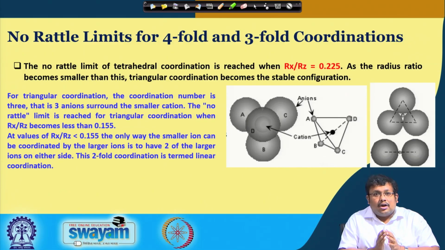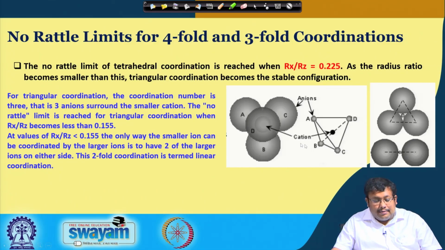So, for triangular coordination you have to remember that the coordination number is 3, that is, 3 ions are surrounding the smaller cation. As you can see here, this is a 3-fold coordination or triangular coordination, where the small cation is basically surrounded by 3 larger anions.